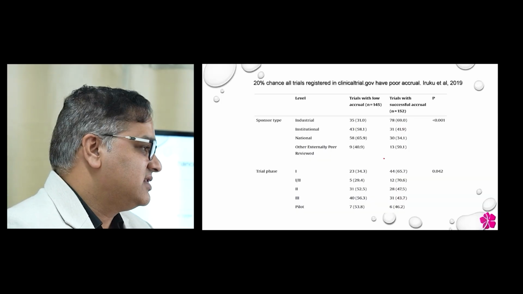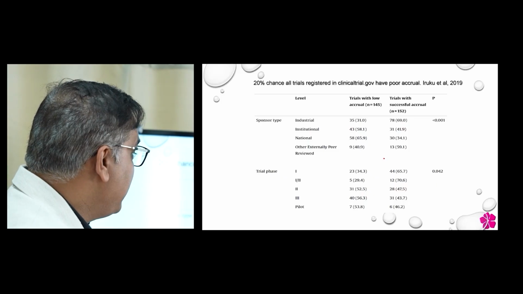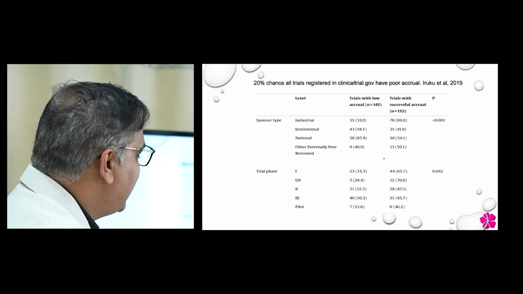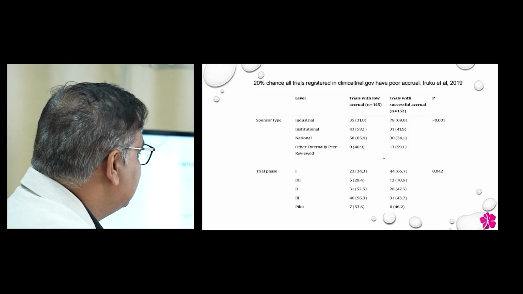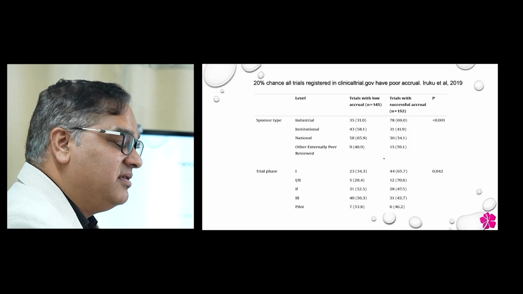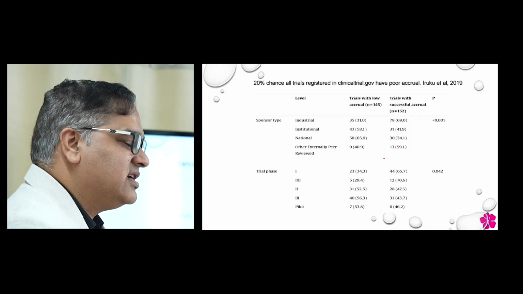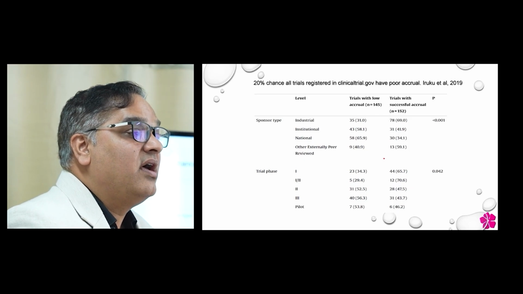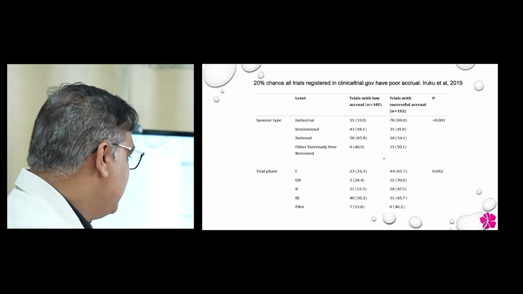Even with well-planned research, this paper was published in 2019. Even among all the trials registered in clinicaltrials.gov, 20% of the trials have poor accrual. So we should say these studies were not feasible by subjects or patients. Even well-planned trials face poor accrual.